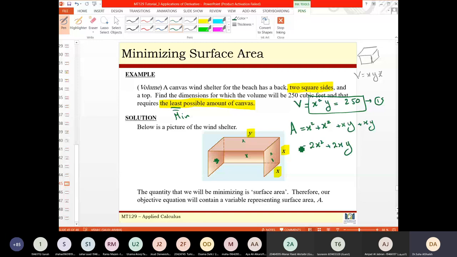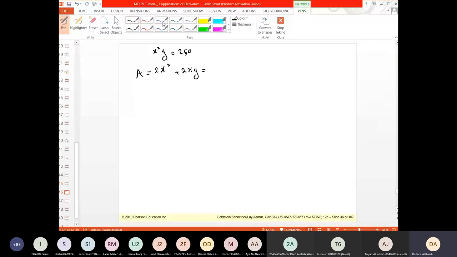So we have two equations. We have x squared y equal to 250, and we have A equals 2x squared plus 2xy, which is the equation I want to minimize.